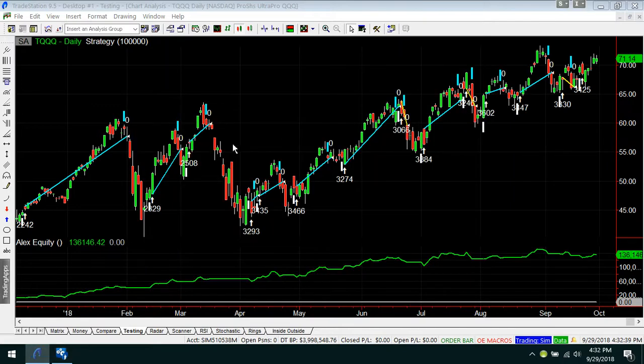Okay, to see what a linear regression looks like, right on the TradeStation chart tool, right here, this is called a regression channel. If you click on that, one left click, then you can move out into the chart, and if you click and move, it'll show you the regression channel.